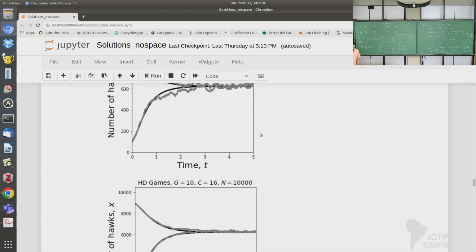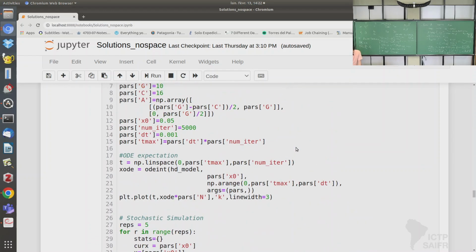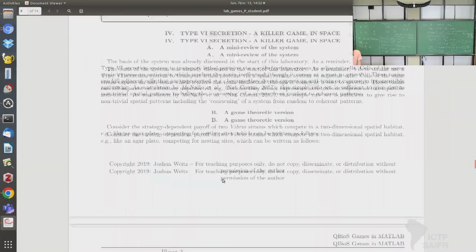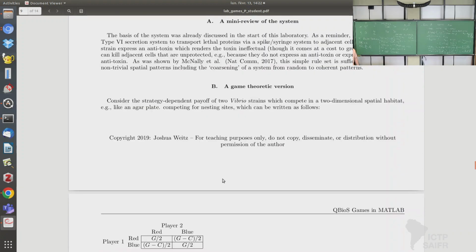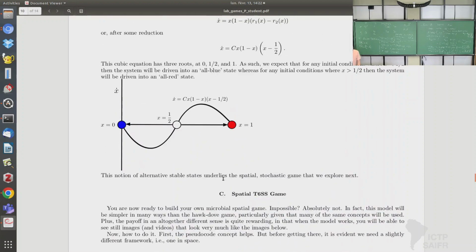So we won't actually have time to do problem number 4, but I just want to tell you what the idea is. Essentially, in problem number 4, you have a system where you have bacteria that can be close to one another in space. And what they do is that they produce some toxins. And since they produce toxins, they also produce the antitoxin.